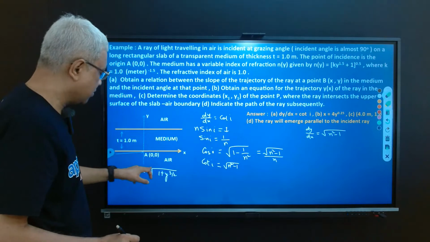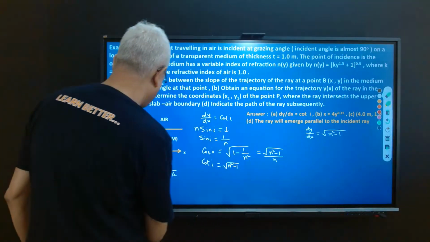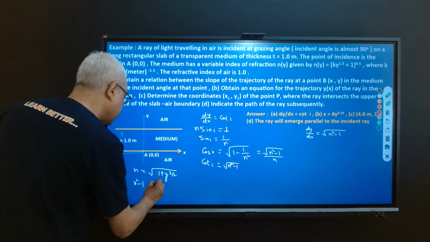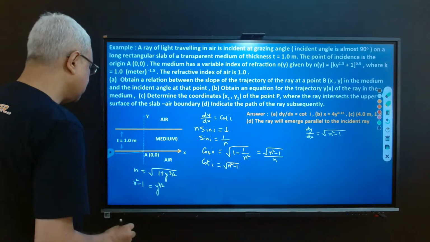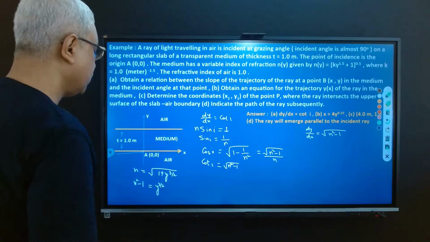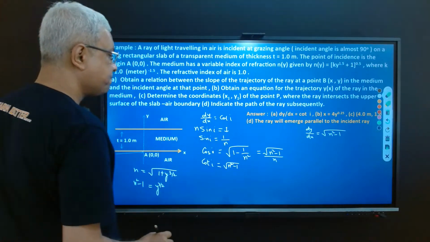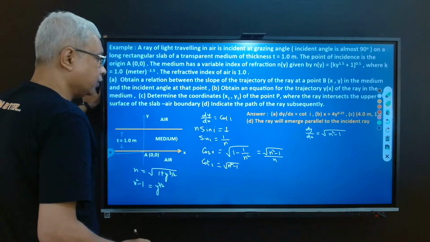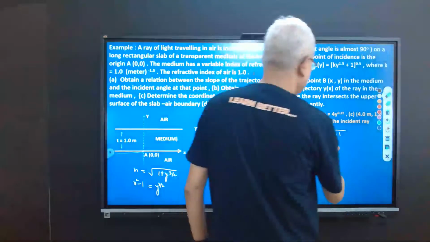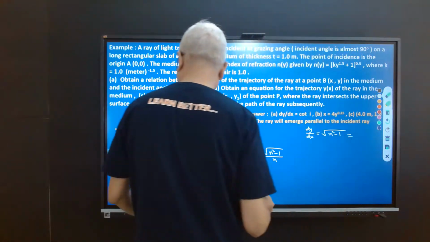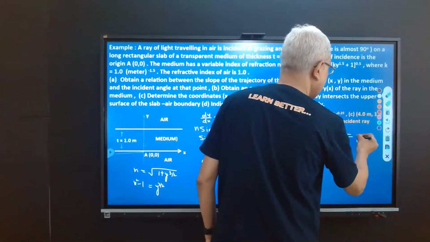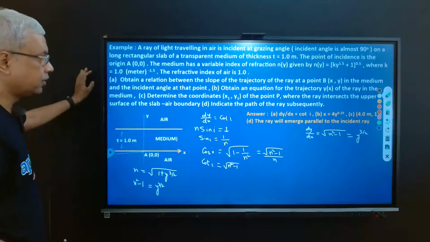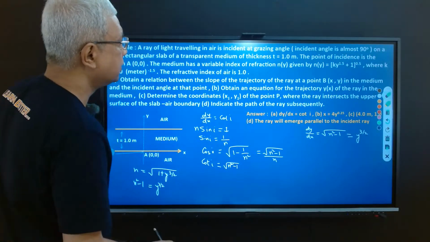So n square minus 1 is how much? See carefully.